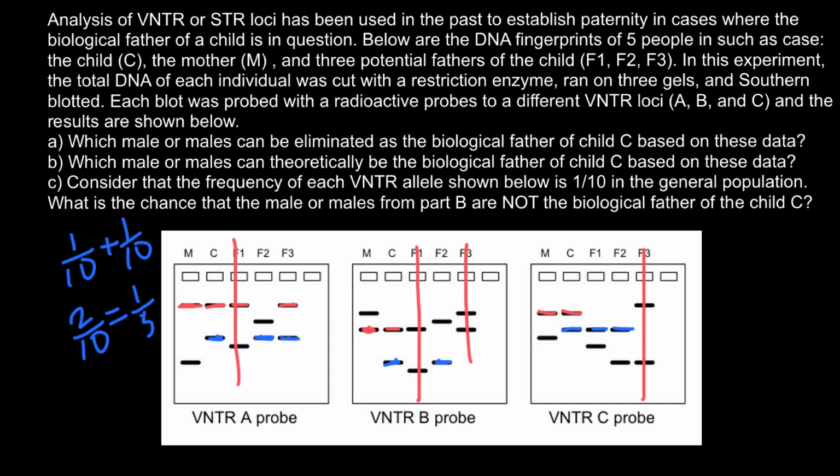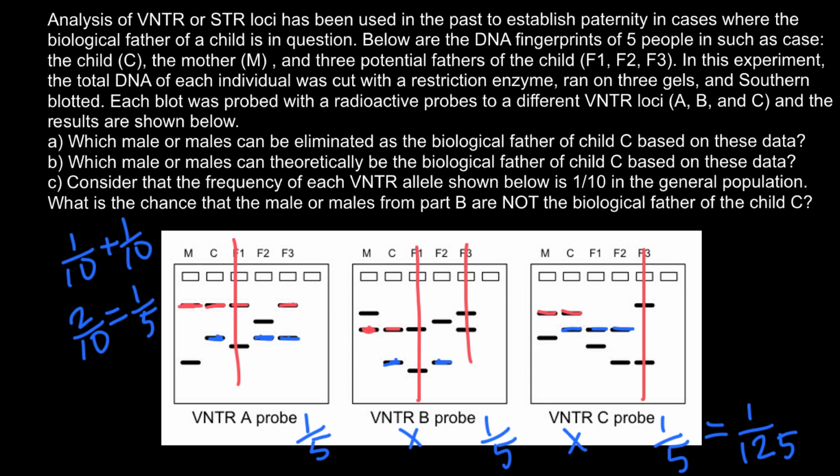1 over 5. So basically we have probability 1 over 5 here, 1 over 5 here, and 1 over 5 here. Now we have to multiply all these independent probabilities, and we are going to get 1 over 125.